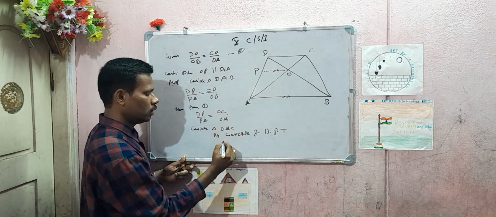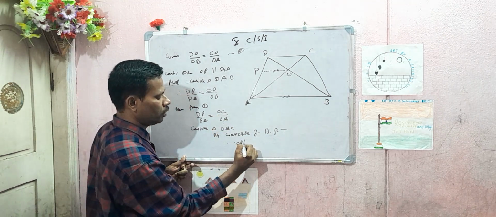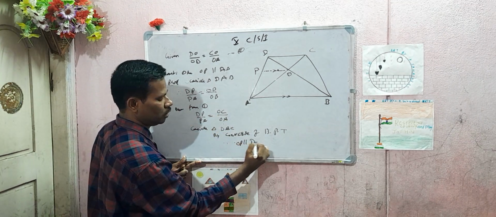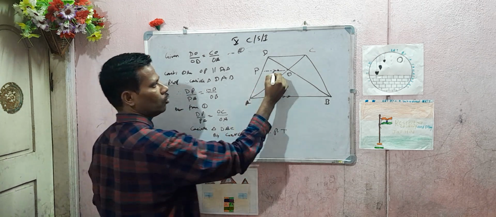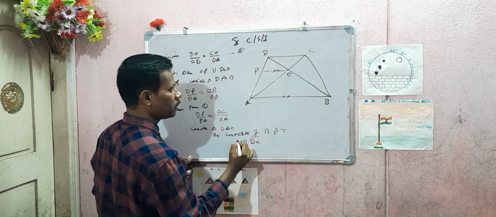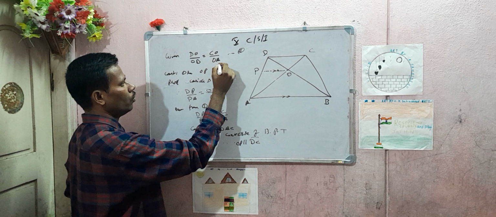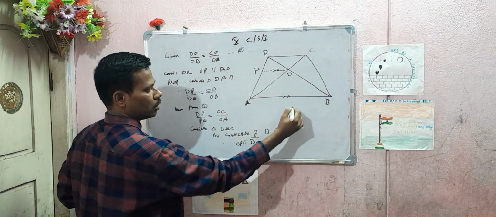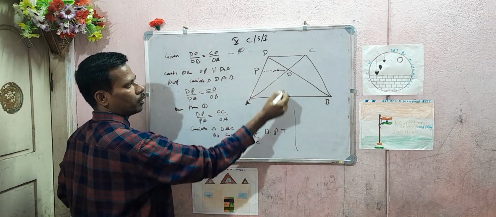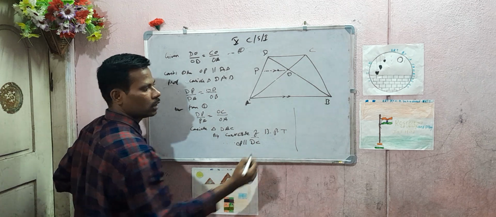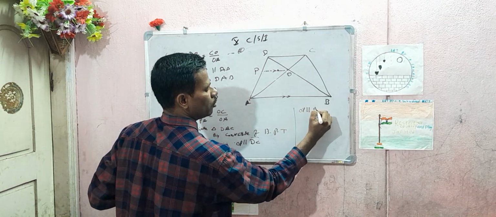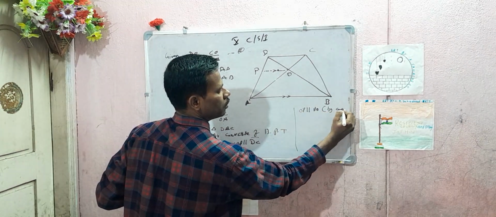Therefore, OP is parallel to CD. But what we have written in construction? OP is parallel to AB by construction.